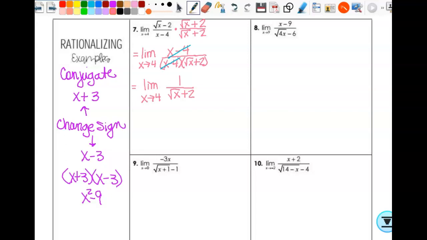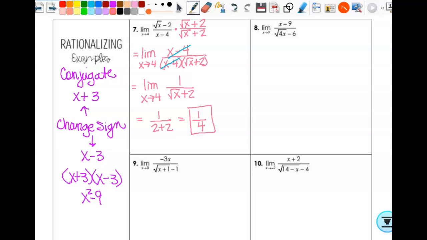All right. So then I can evaluate, which is going to give me 1 over 2 plus 2, which is 1 over 4. We're good?